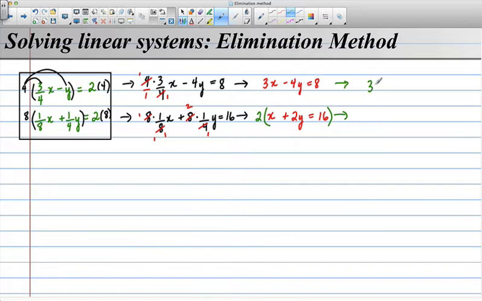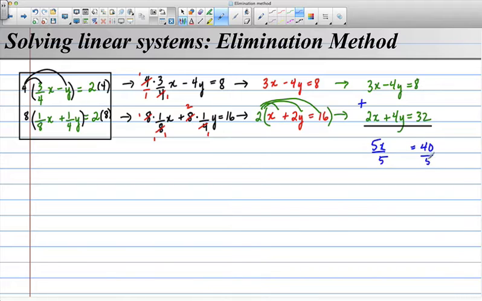So we'll keep the first equation and write out the second, 2x plus 4y is equal to 32. Collecting our like terms, we have 5x equals 40. Divide by 5, x is equal to 8.